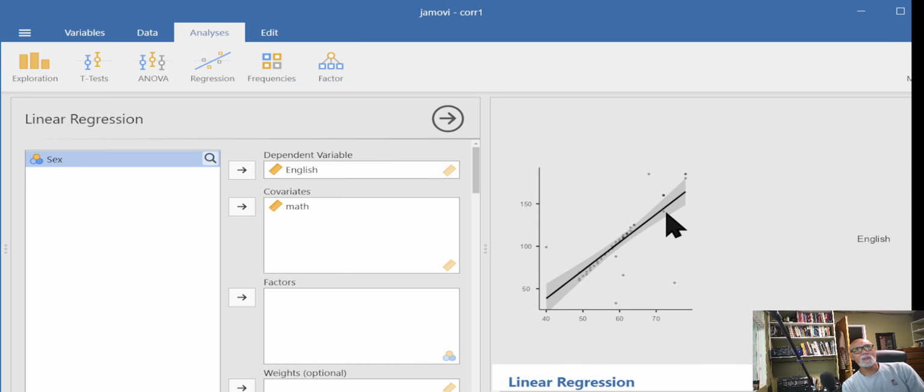And this will give us a picture of that. If we carry these numbers out to 0 in both directions, we would expect the regression line to hit a score of negative 97 on English when we got to a 0 on math.